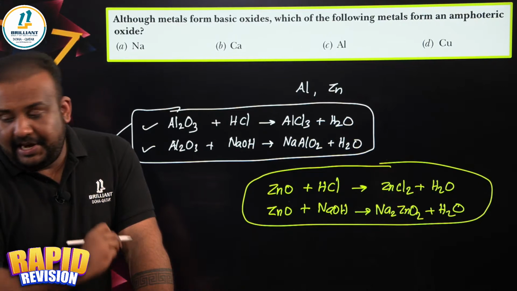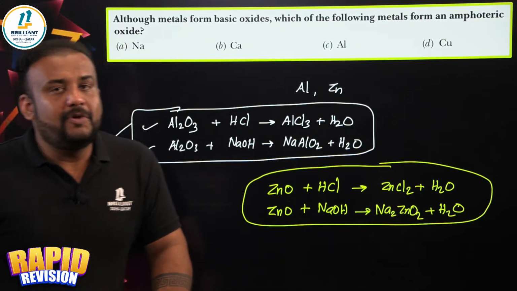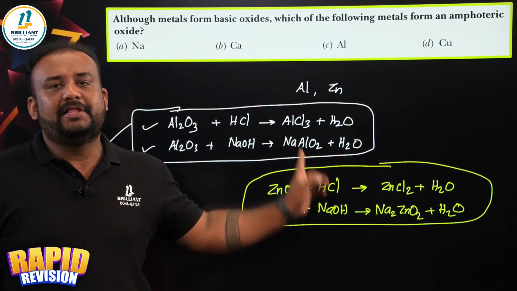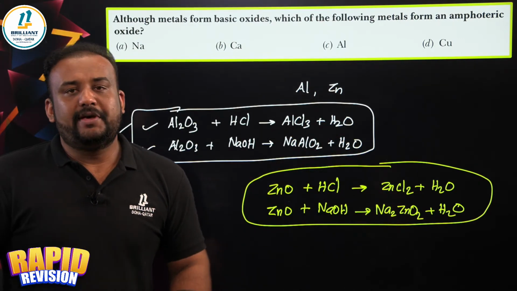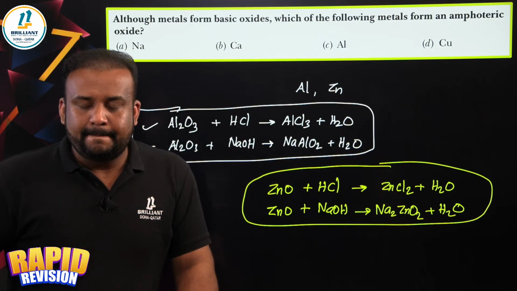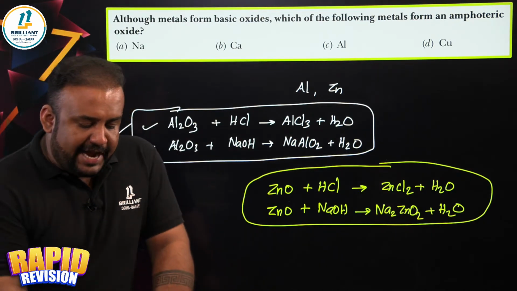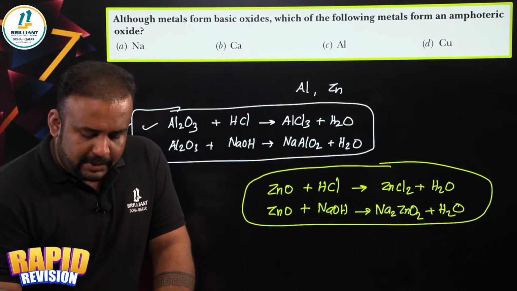Again, these two reactions indicate the amphoteric nature of aluminium oxide and zinc oxide. Very important, please do remember these reactions and the name of the products. Sodium zincate, sodium aluminate. Is that clear? So the answer here is C, aluminium.